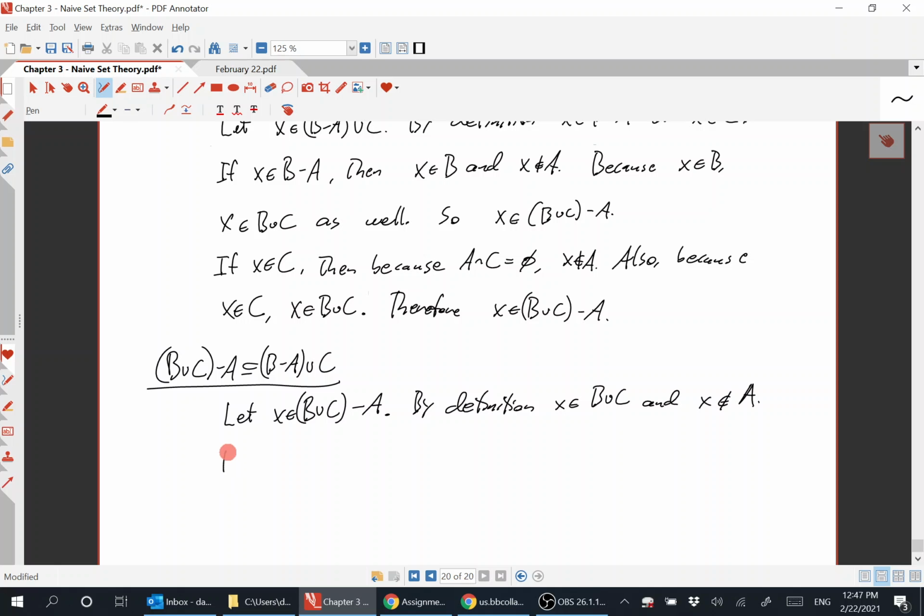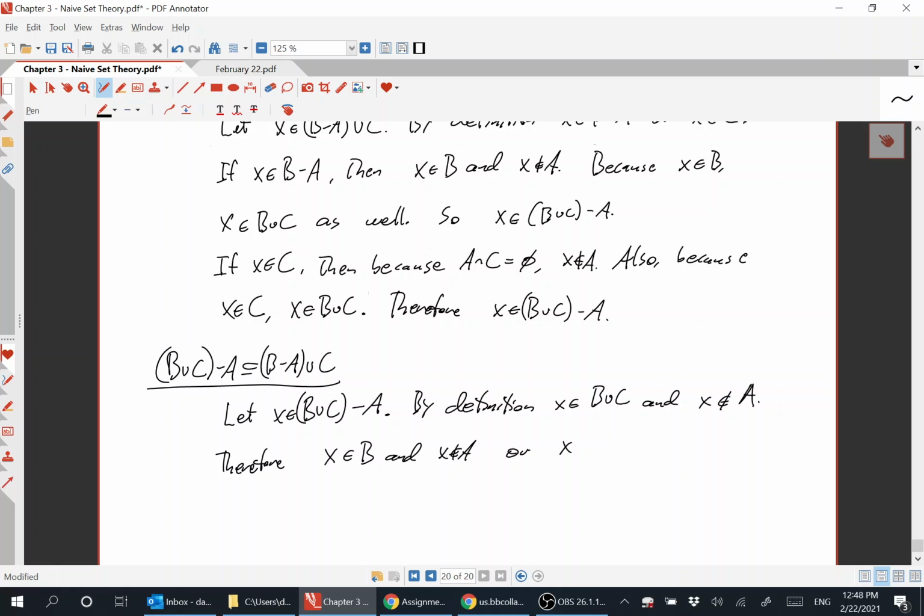Right? Therefore, X is in B and not in A, or X is in C and not in A. X is in B union C, meaning X is in B or X is in C. And also, X is not in A in either case.